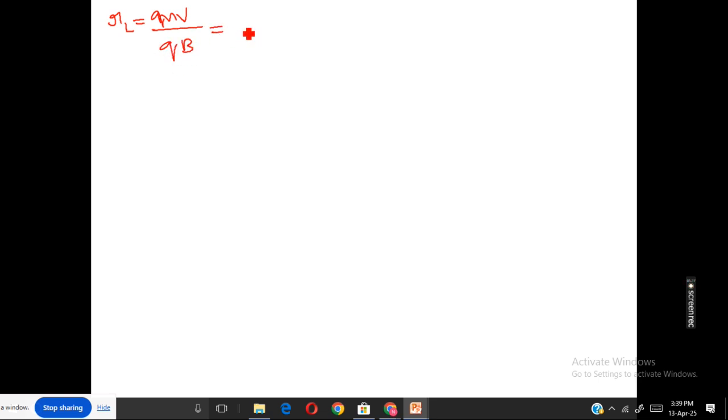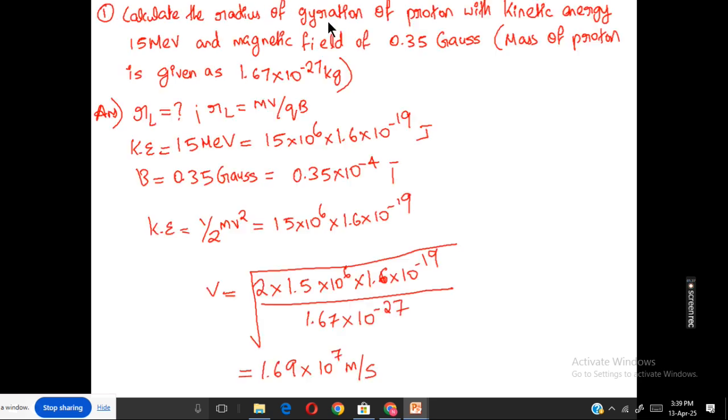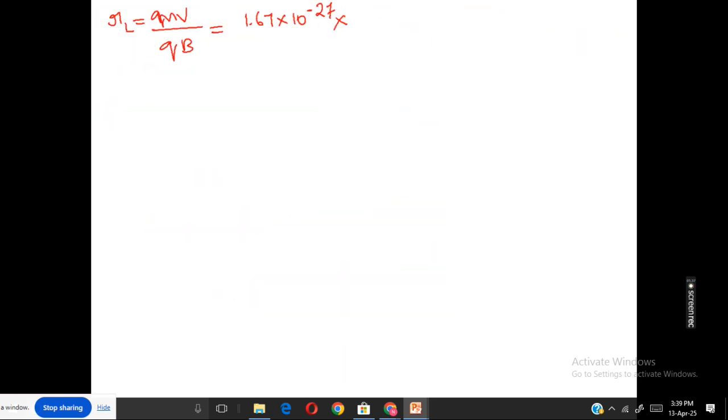M is 1.67 into 10 raised to minus 27, into velocity, which we got as 1.69 into 10 raised to 7, divided by q, which is 1.6 into 10 raised to minus 19, into B, which is 0.35 into 10 raised to minus 4.